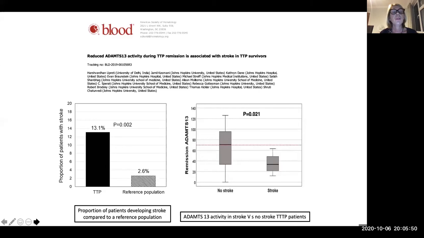But this group from New York have looked at the incidence of stroke in patients with TTP compared to just a standard population of patients. And what they found was the patients more likely to have stroke had lower ADAMTS13 levels. Now, this is not just a one-off measurement.